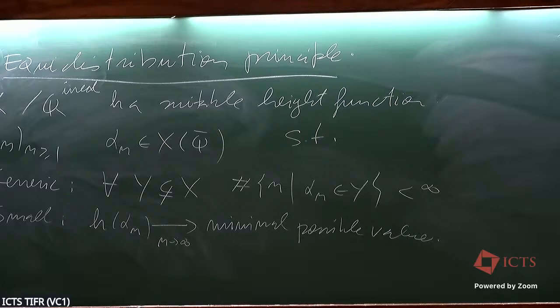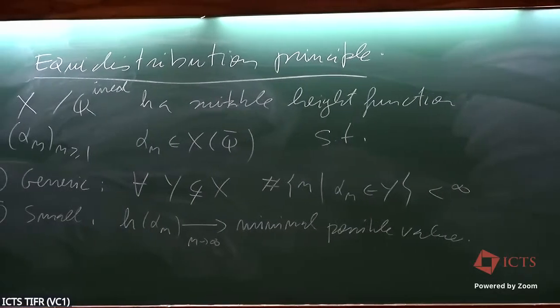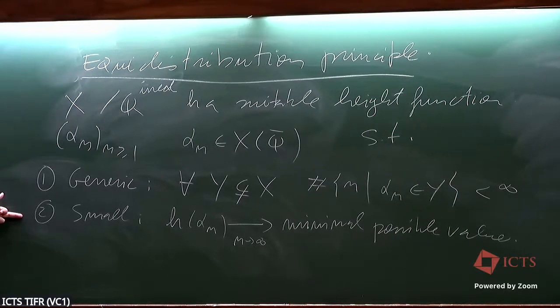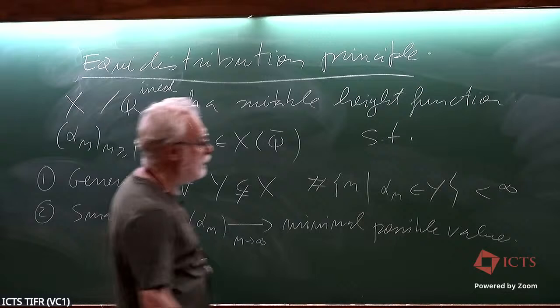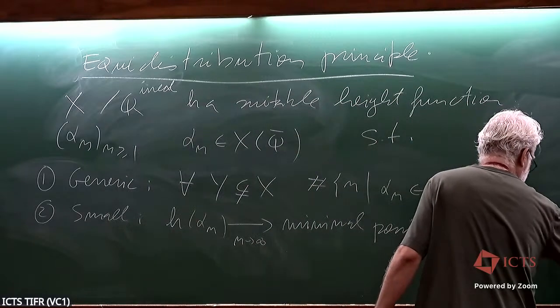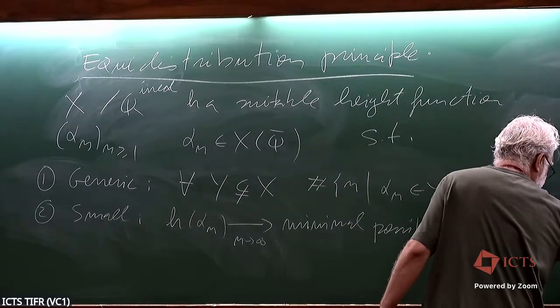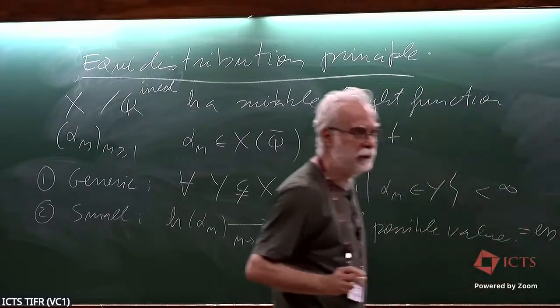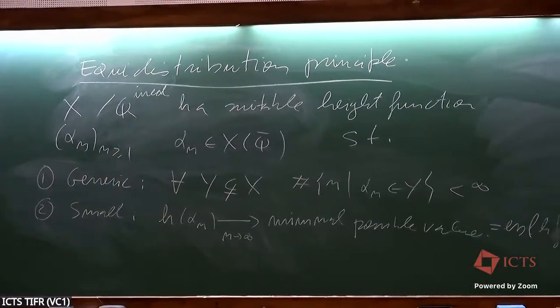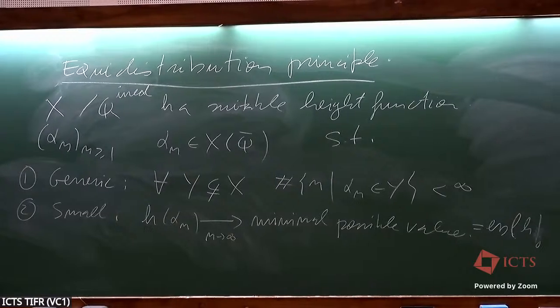If the sequence is generic, it moves. Hence, the minimal possible value of a limit of a generic sequence is exactly the essential minimum of the height function. So for any generic sequence, the minimal possible value that its limit can have is the essential minimum.